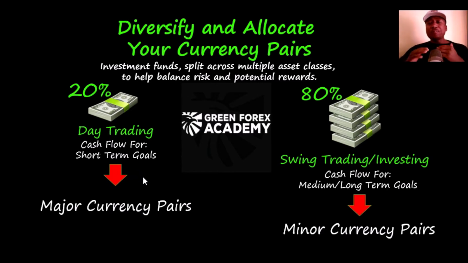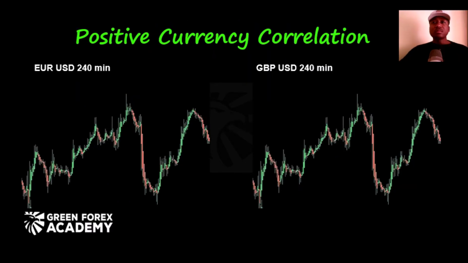Now it all depends on you. You can do this 70%, 30%. But here in this example, I'm using 20% and 80%. That way, it will help you reduce your overall risk while trading if you know how to divide your capital into 2 or even 3 places, depending on how much money you have at hand.